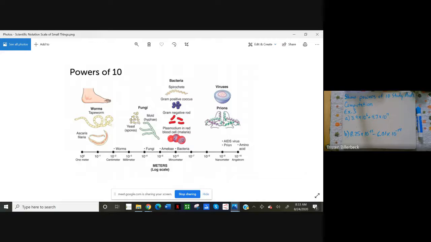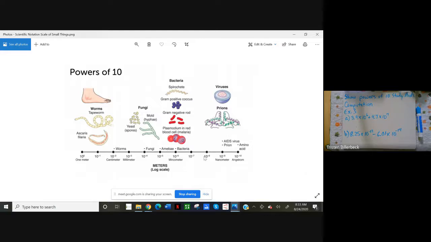Fungi and yeast are around this area, and this is more in scientific notation because it's 1 times 10 to the 0. And you have amoeba, you have bacteria. Then your viruses are way down here. You have all these viruses, and bacteria are right around here.